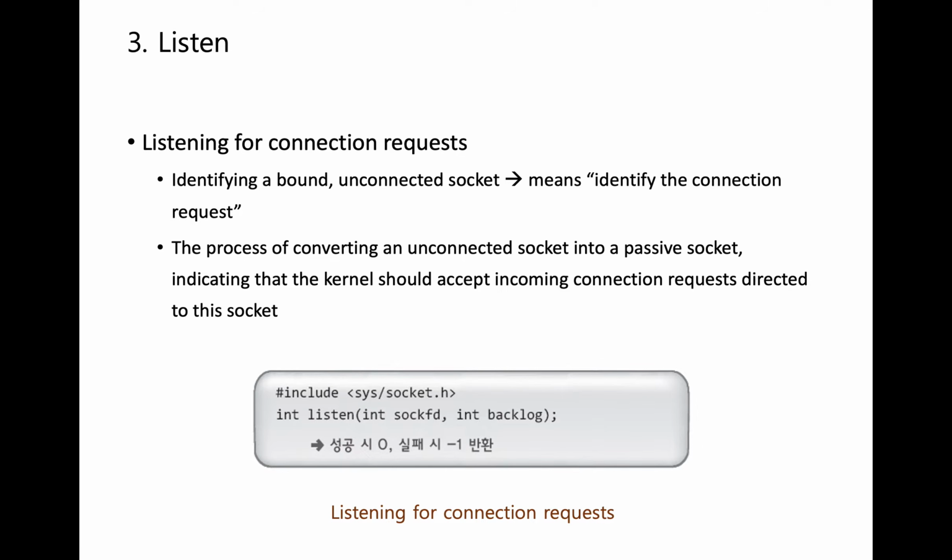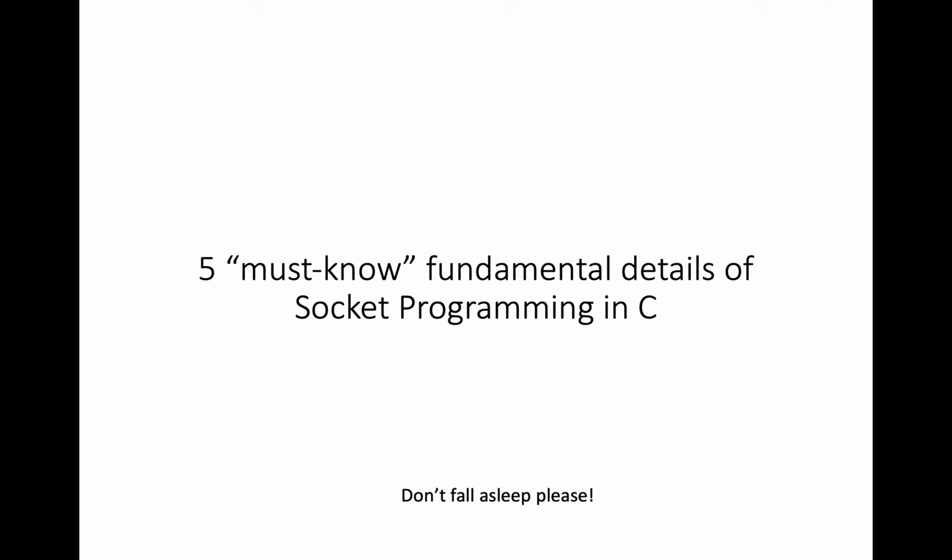And in order not to confuse you, I will go back to this slide to explain one more thing. The 5 must-know fundamental details of socket programming in C require a deep understanding of creating a TCP server socket, and those 5 steps are going to cover the TCP server functionality.